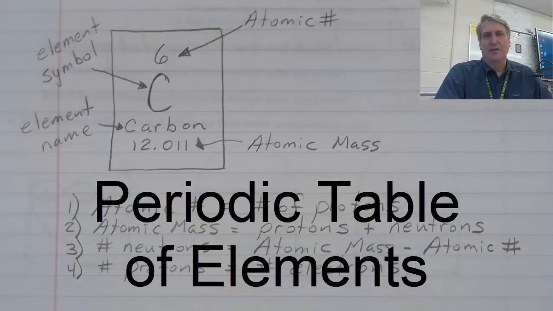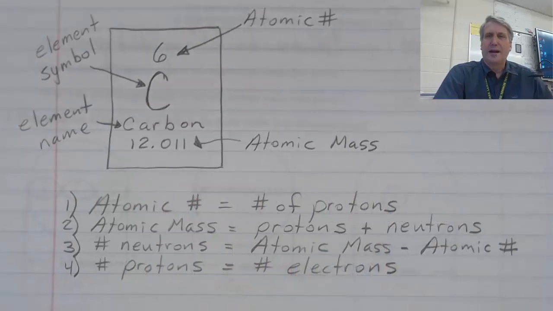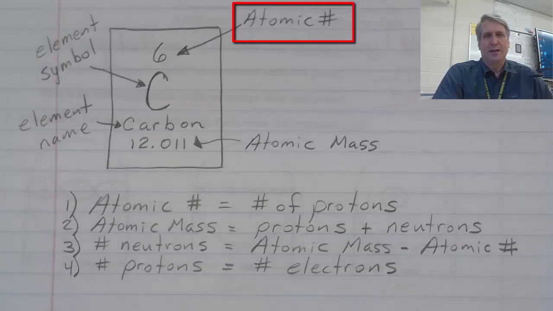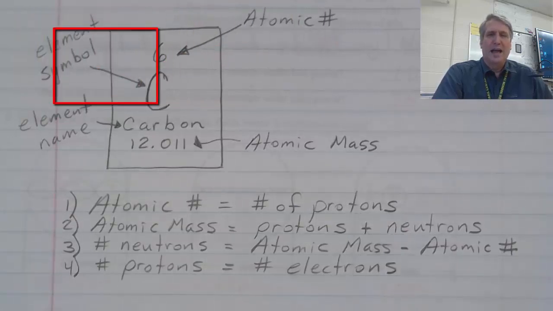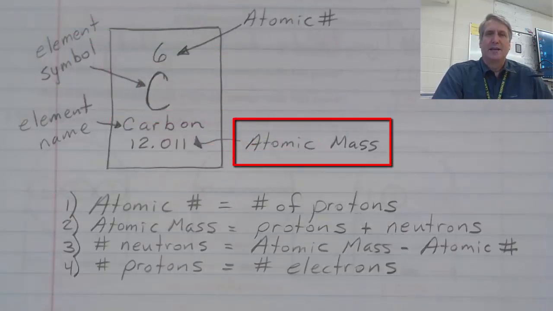The periodic table of elements contains information to allow us to figure out how many protons, neutrons, and electrons are found in each type of element. The periodic table always contains the following information for every element: the atomic number, the element symbol, and the atomic mass.